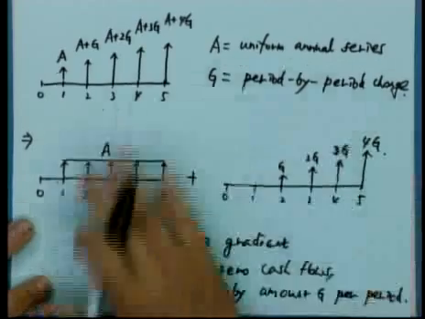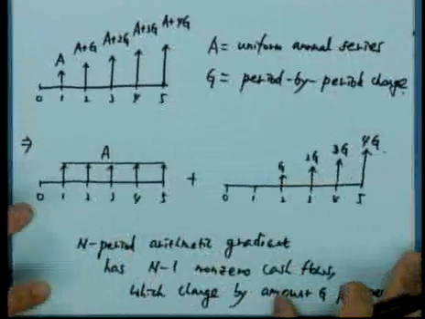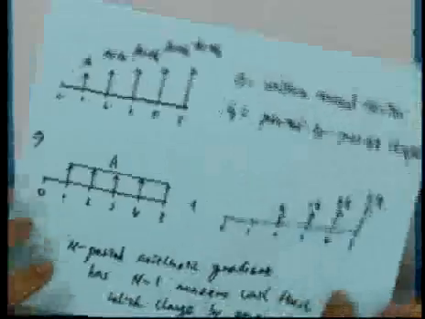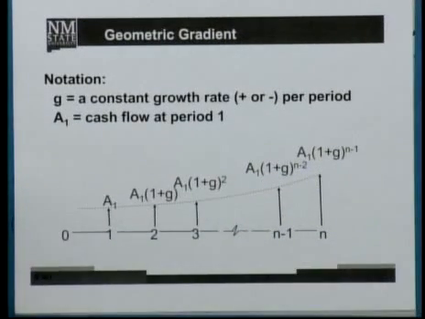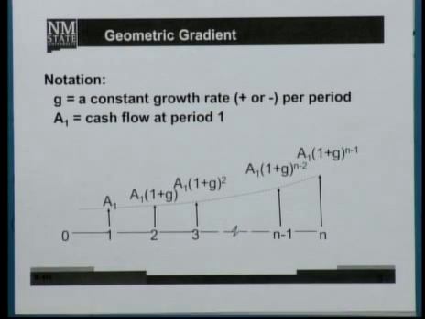So this slide summarizes what we've learned last time. So we just talked about factors for an arithmetic gradient G that changed by a constant amount each period. But the real world often has cash flows that have a constant rate of change or uniform rate of change.